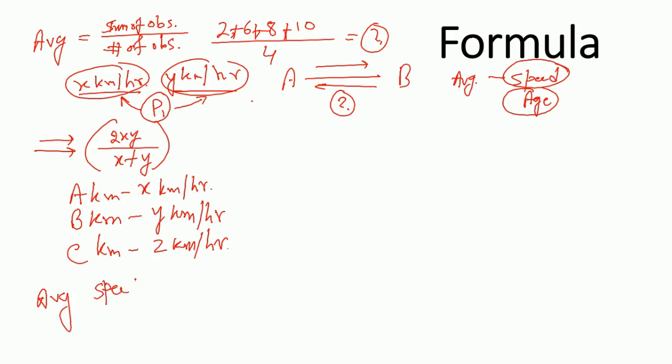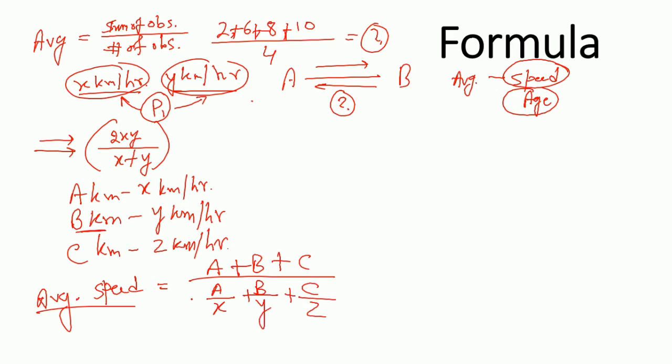The average speed in this case will be a plus b plus c, that means the total distance traveled by the person, divided by, for each section, the distance a by the speed x, the distance b by the speed y, and the distance c by the speed z. So this is going to be the average speed for the person in case of separate distances traveled with separate speeds. But if separate speeds are taken for the same distance, the formula is 2xy by x plus y. Remember that. That's for the speed.